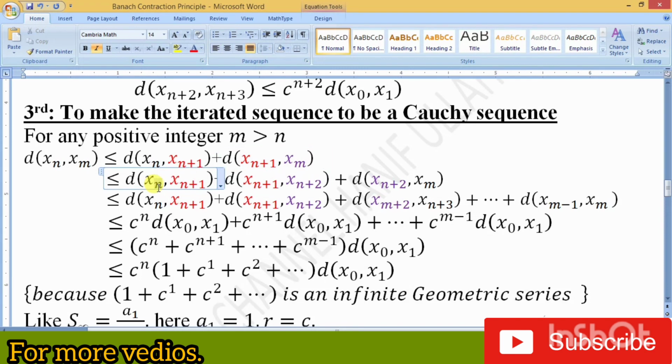Secondly, in the second step, we apply it between xn+2 and the elements of xn and xm.